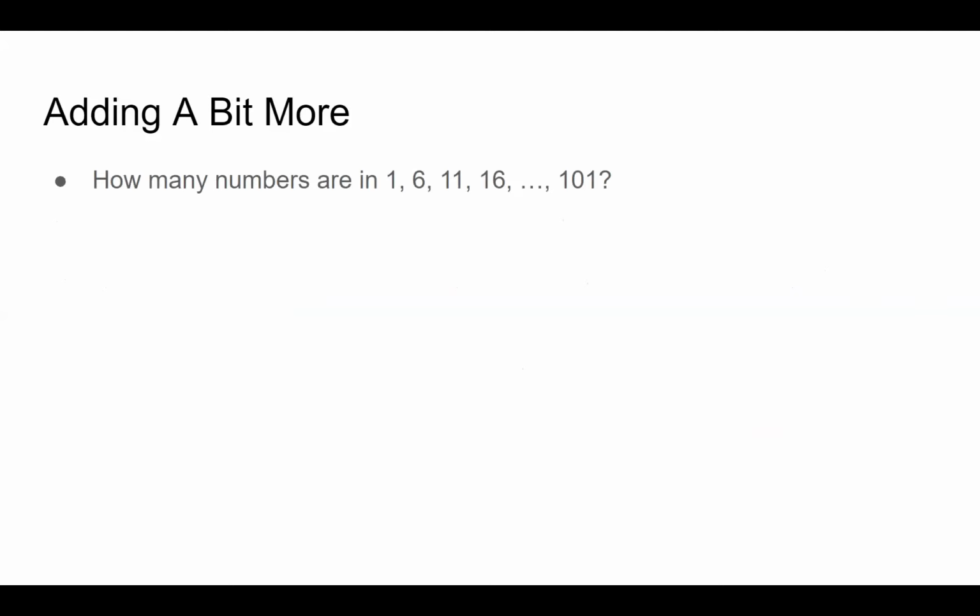Okay, so now let's add a certain number that we're adding by. How many numbers are from 1, 6, 11, 16, all the way to 101? Wait, this might take a bit longer.